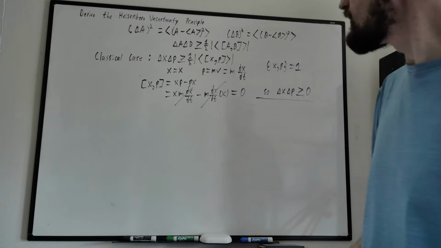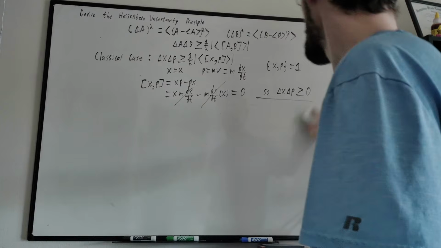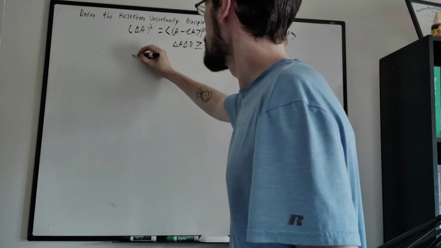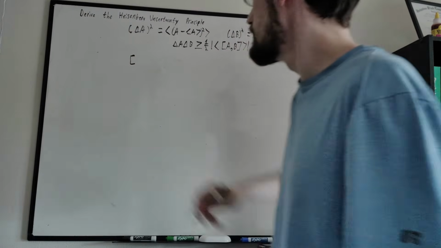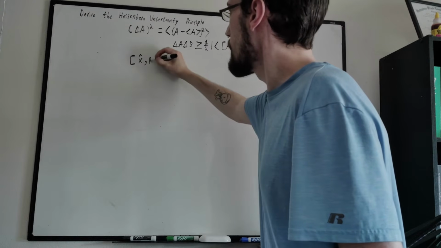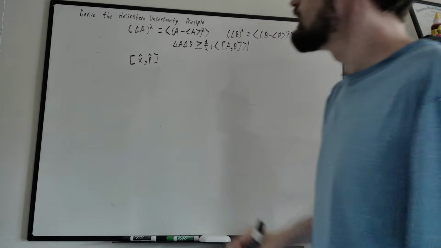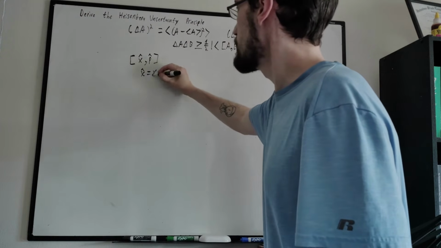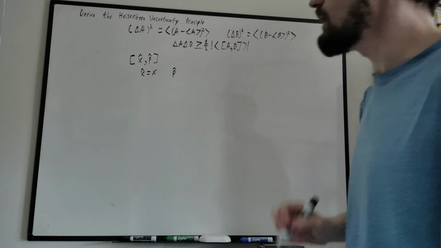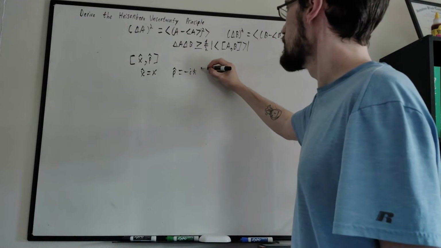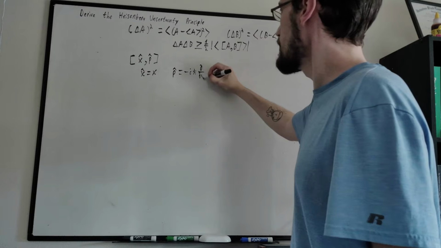Now for the quantum case. For the quantum case, we want to calculate the Lie bracket for operators x hat and p hat, where x hat is equal to position and p hat, the momentum operator, is equal to minus i times h bar times the partial derivative with respect to x.